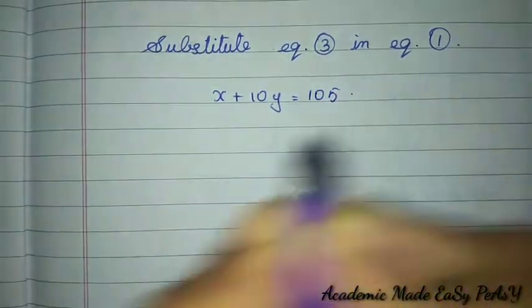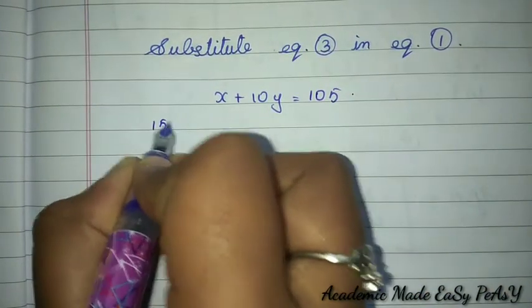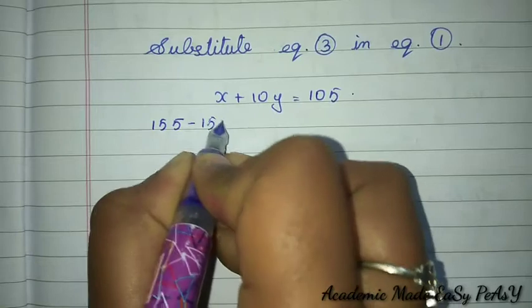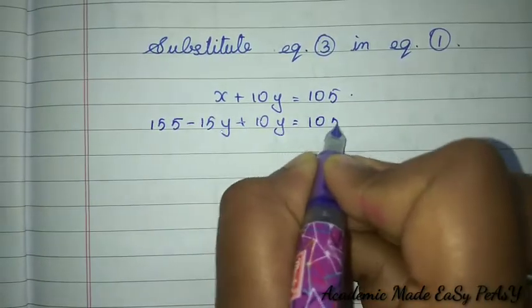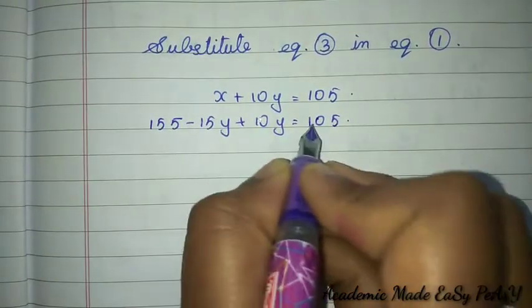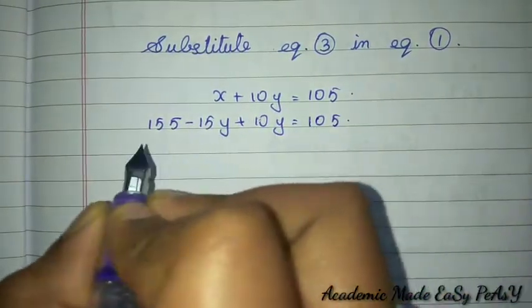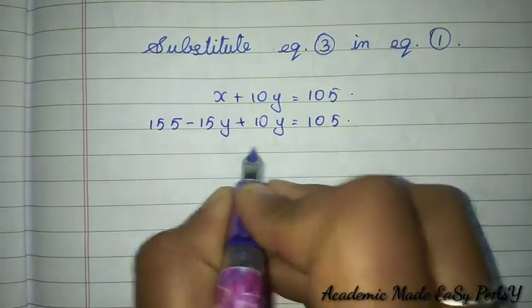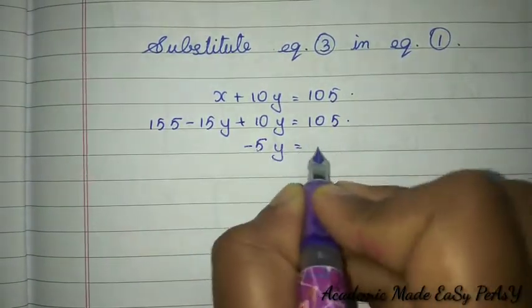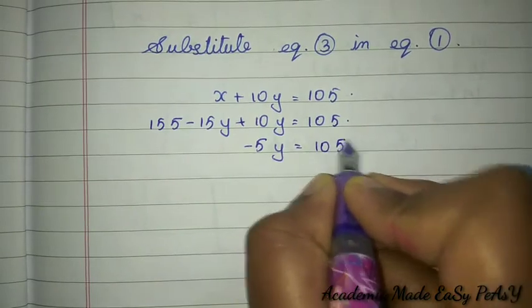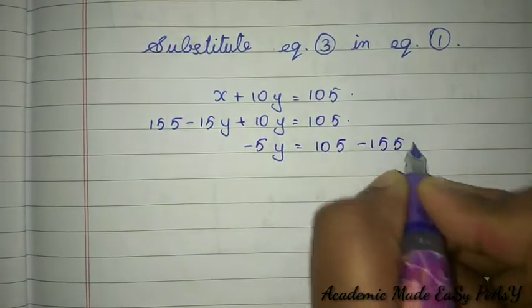Now my x value is 155 minus 15y plus 10y is equal to 105. So I will have my numbers on one side and my variables on one side. So here it is minus 5. Minus 15 plus 10 is minus 5, is equal to 105 minus 155.